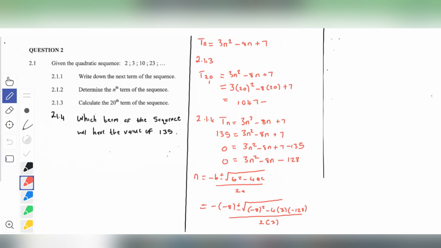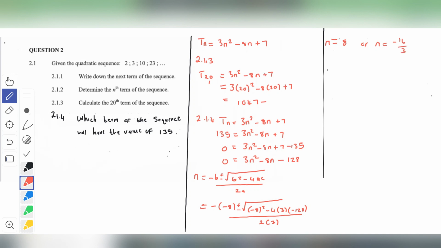Then if we plug everything into a calculator, we're going to find that n is equal to 8 or n is equal to negative 16 over 3.